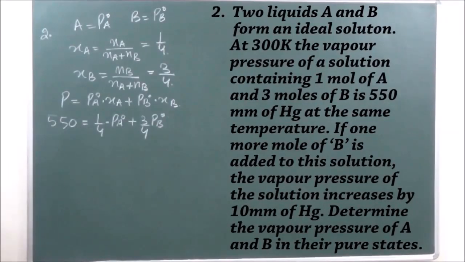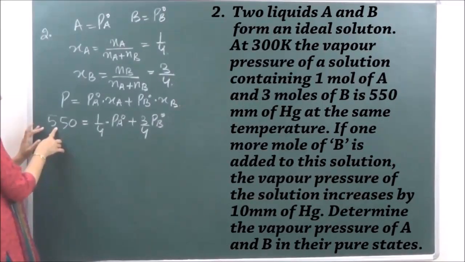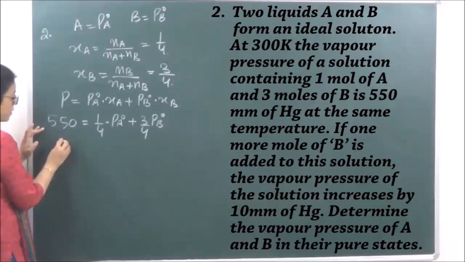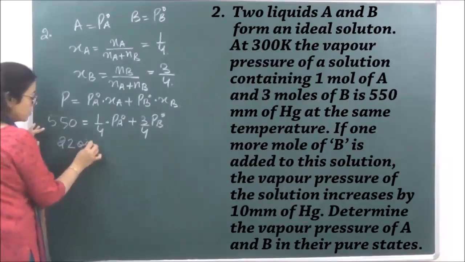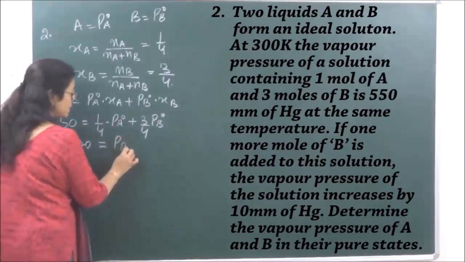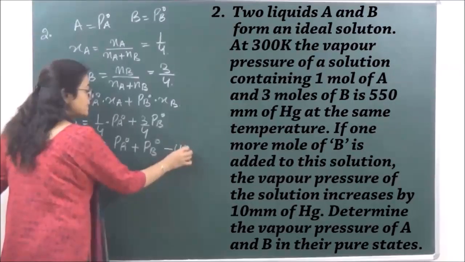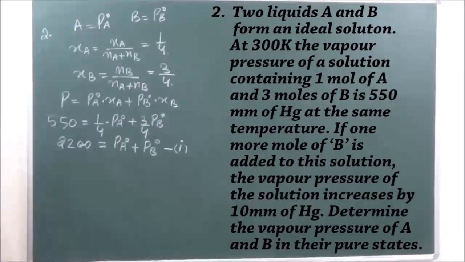We take 1 by 4 common and multiply 550 by 4, which gives 2200, equal to PA naught plus 3 PB naught. Let's say this is equation 1.